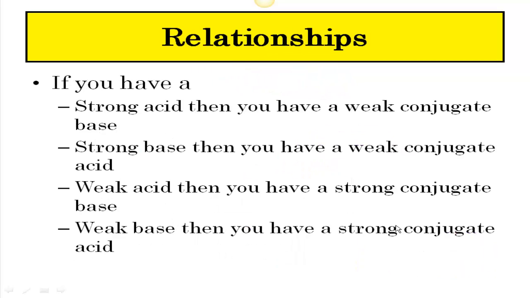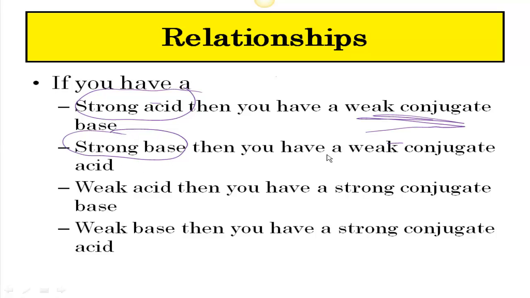Some other things about acids and their relationships. If you have a strong acid, one of those on your list that we talked about before, then you're definitely going to have a weak conjugate base. We didn't talk a lot about strong bases, but we do need to talk about this in terms of conjugate acids.